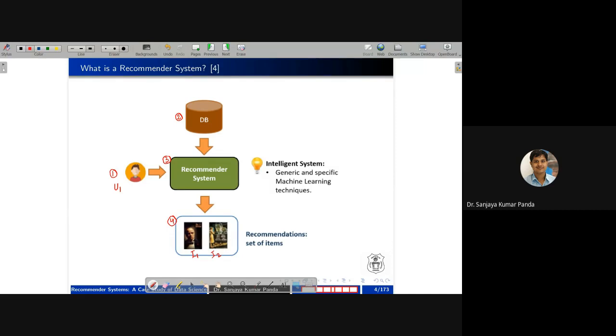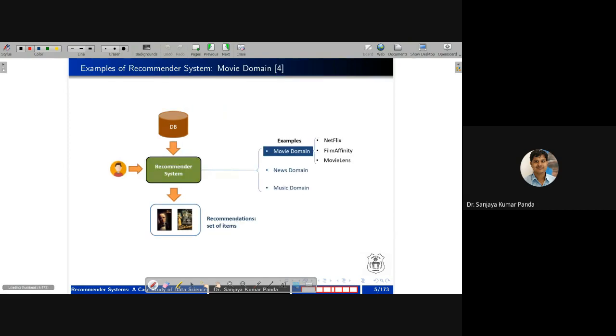Now, you may ask whether a recommendation system is related only to e-commerce sites or social networking sites, or whether you can apply these recommendations in your respective field. Suppose you are working in the field of agriculture. You can ask whether we can apply the recommendation system or not. My answer is yes.